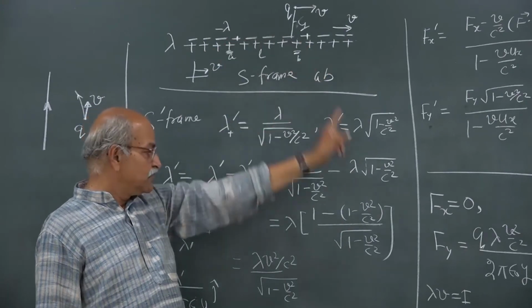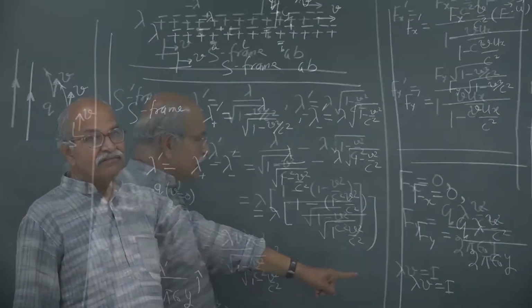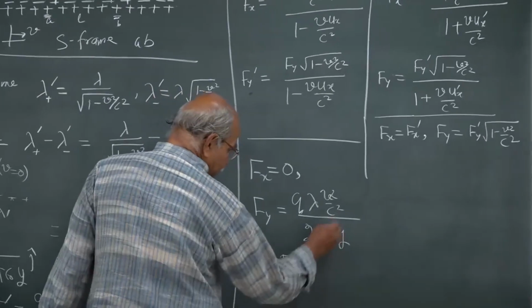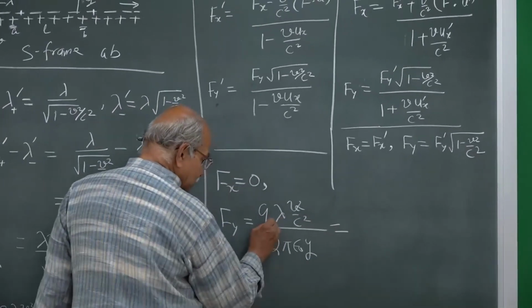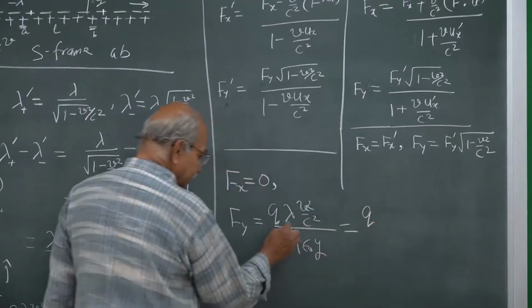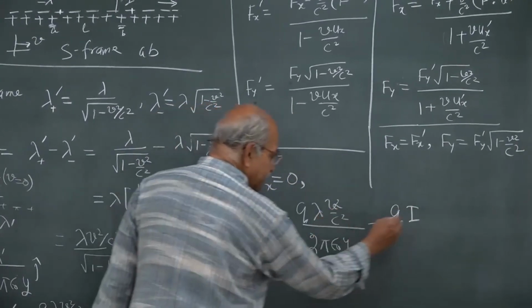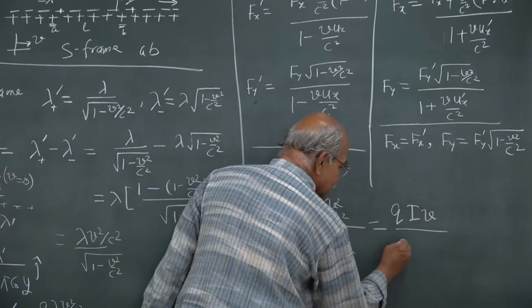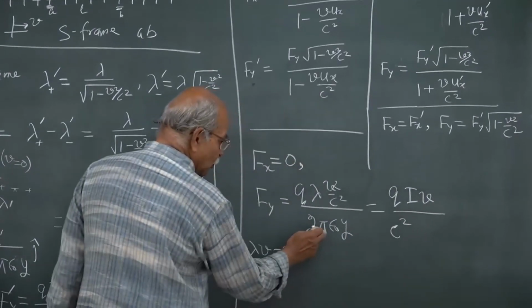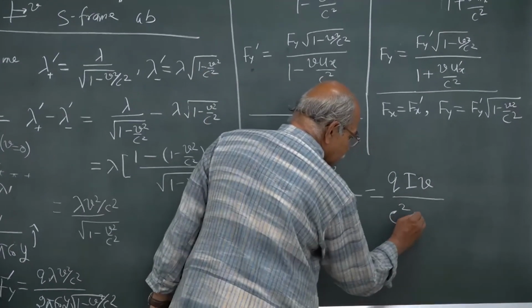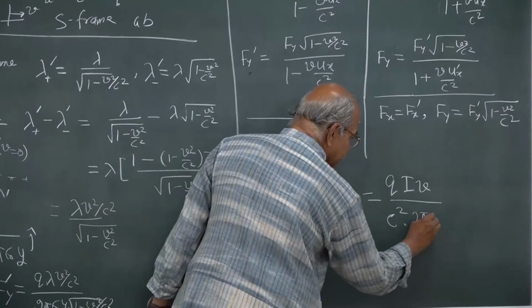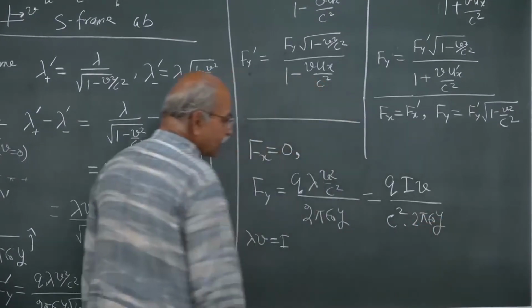So, lambda times v will be the current. And then you can write this as q, this I here, and this v, one v will be there, by c square will be here, and then 2 pi epsilon naught y.